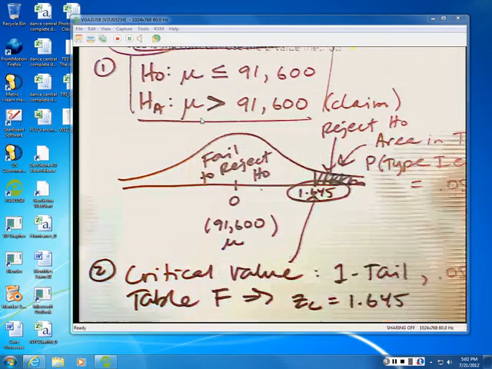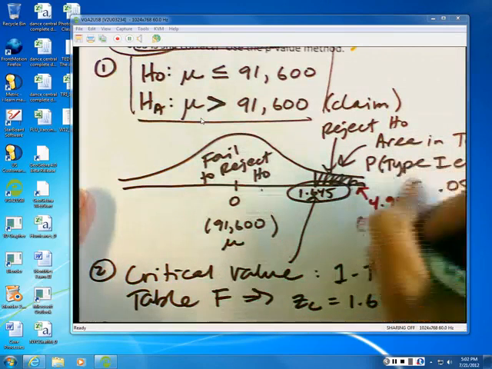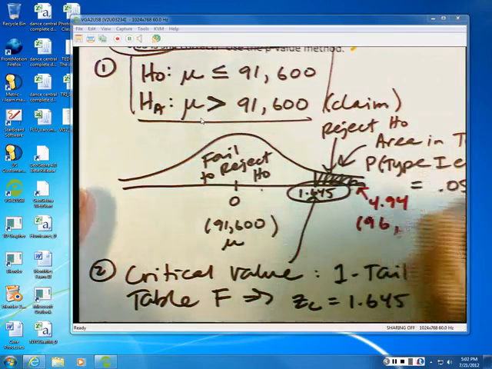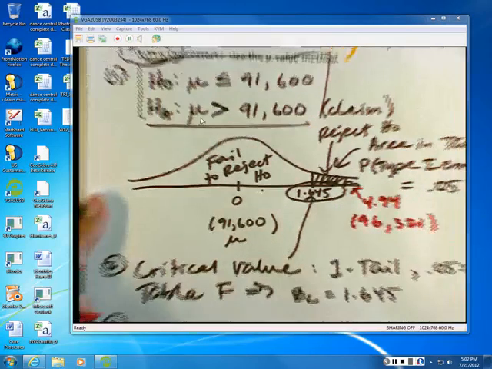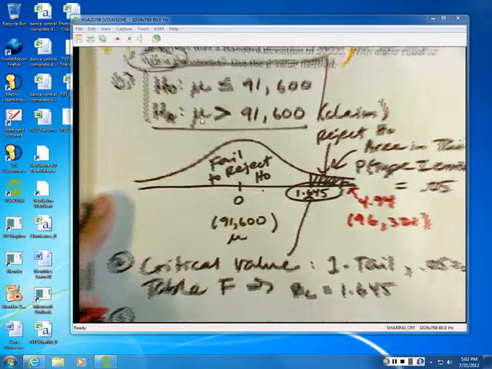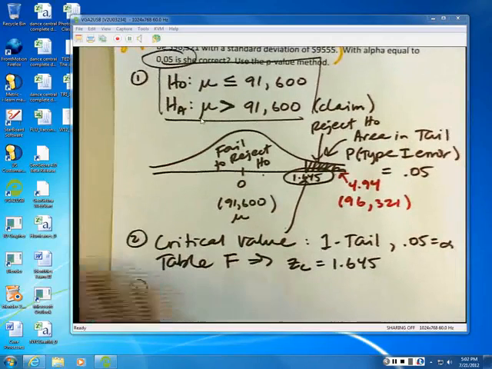So we ended up with 4.94, which was the z-score for our sample mean of 96,321. So that landed me in the rejection region. So I did number 3 this time with the calculator.